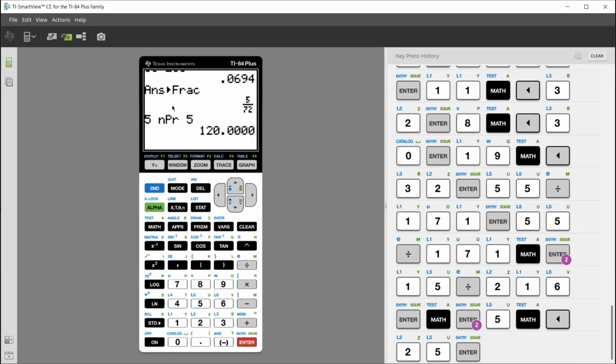And order matters here, so this is not a combination. Because they have to be in terms of size, you're going to use a permutation here on top. You see that? 120. That's going to be the bottom of our fraction, right?